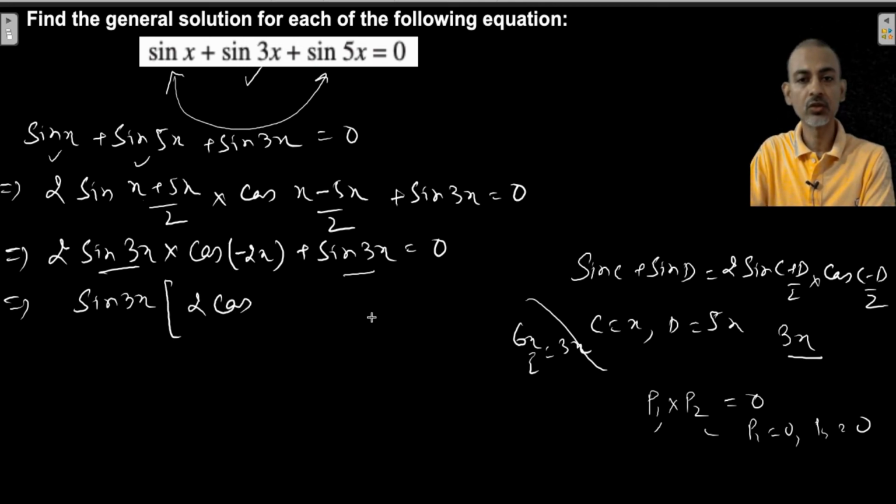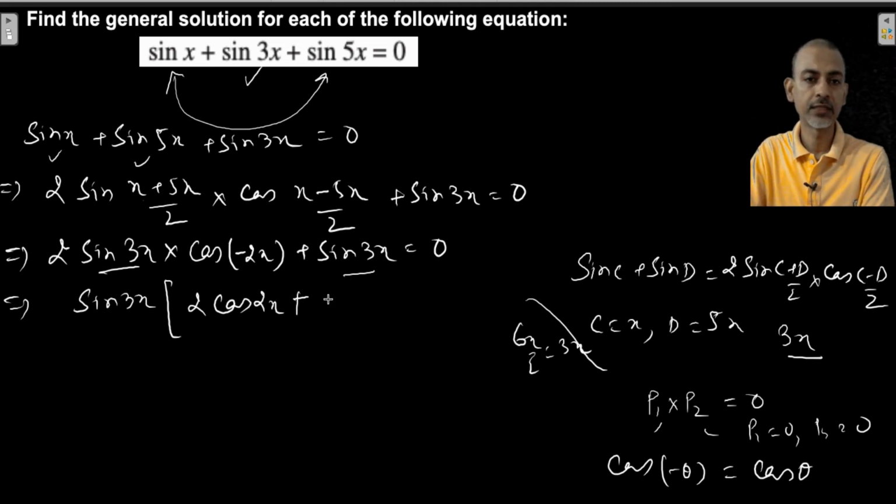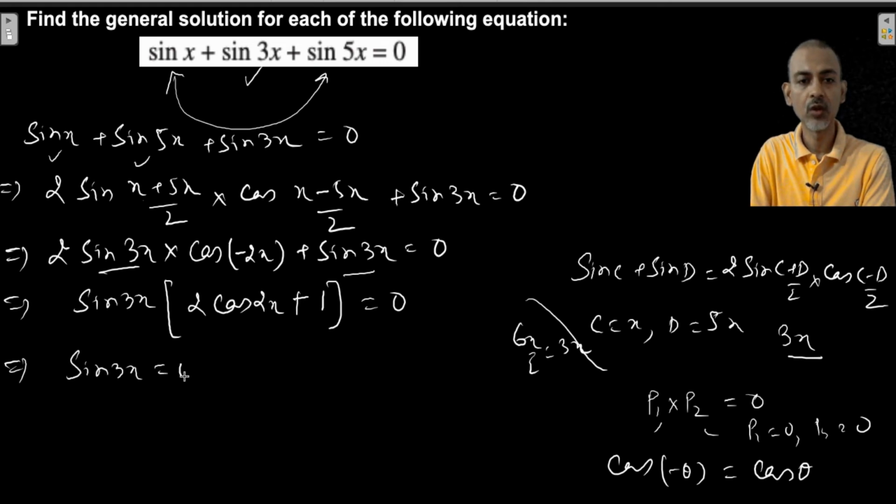Now we also know that cos of minus theta equals cos theta, so we'll use this formula. Cos of minus 2x will simply be cos 2x, and when I take sin 3x common, 1 remains, so sin 3x times (2 cos 2x plus 1) equals 0. Now this implies either sin 3x is 0 or 2 cos 2x plus 1 equals 0.